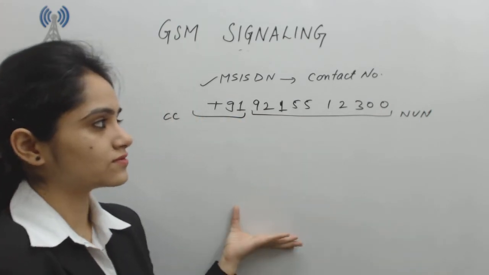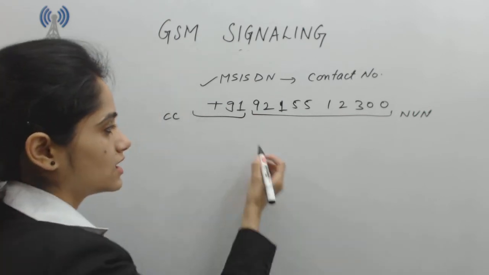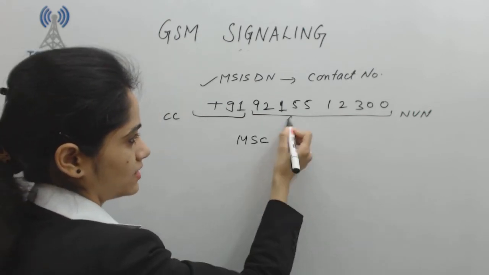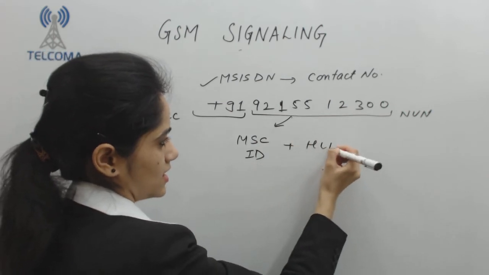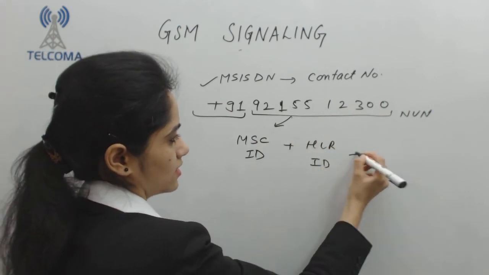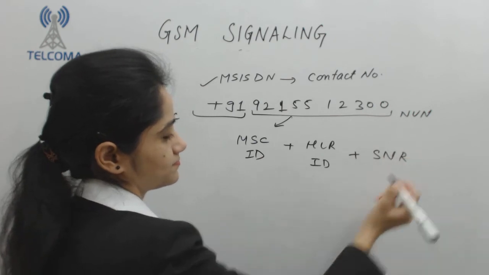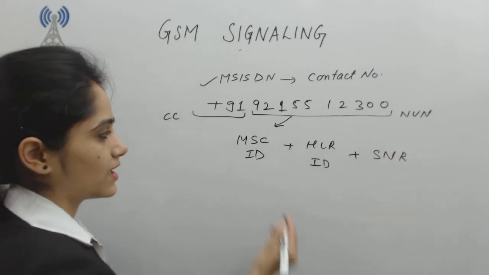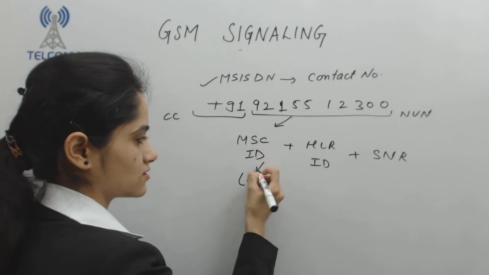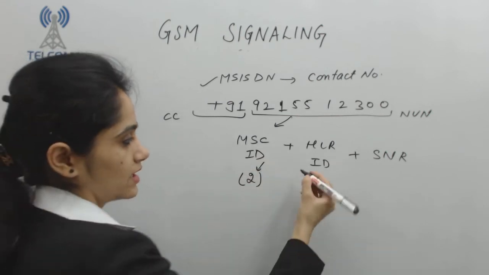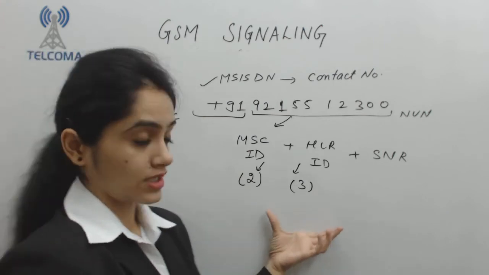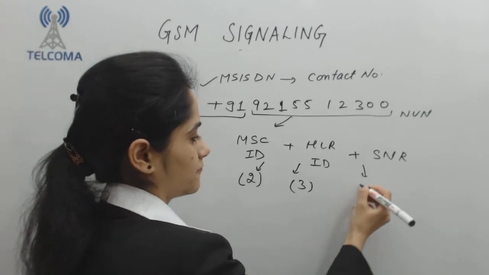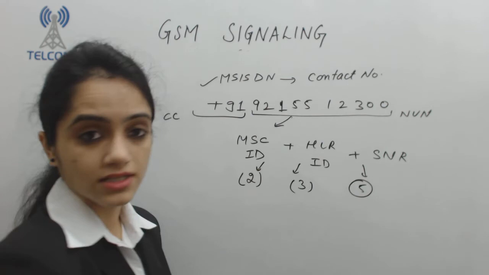Now what is the composition? Why only 10 digits? Because it is required that my NVN should have MSC ID, HLR ID and serial number. My first 2 digits are reserved for MSC ID, then the third digit is for HLR ID, and 5 digits are there for the serial number.